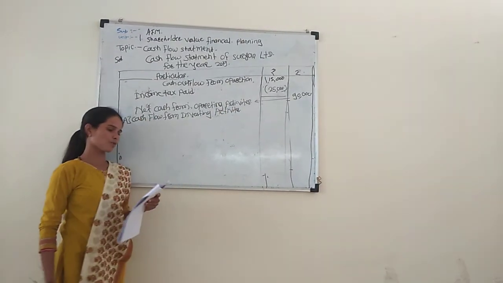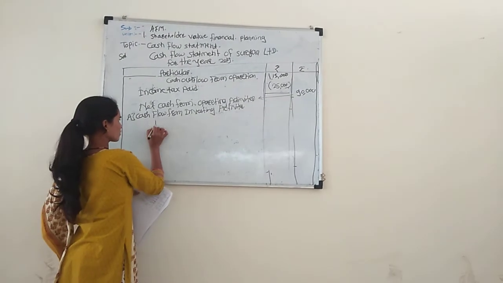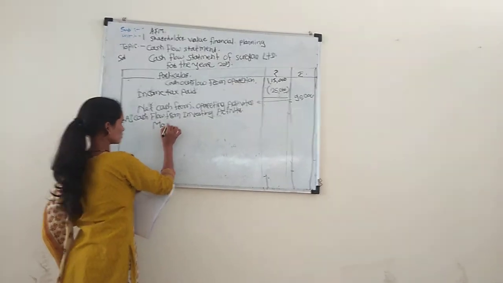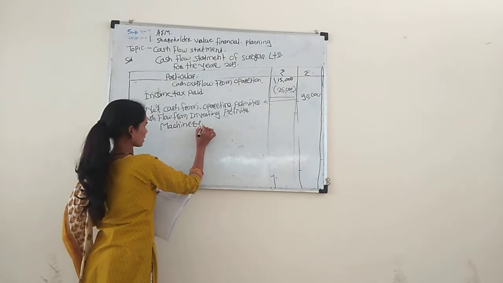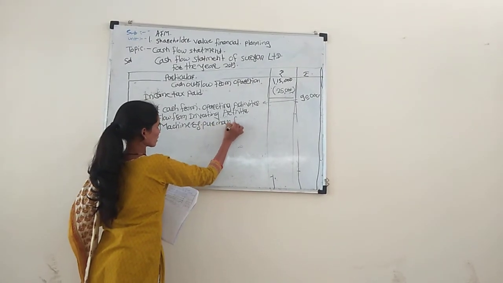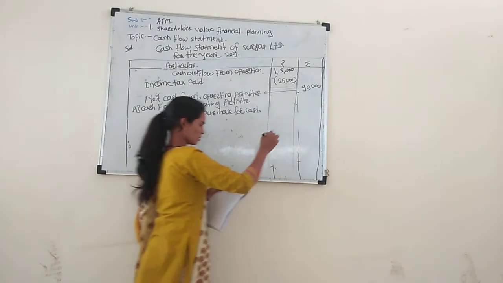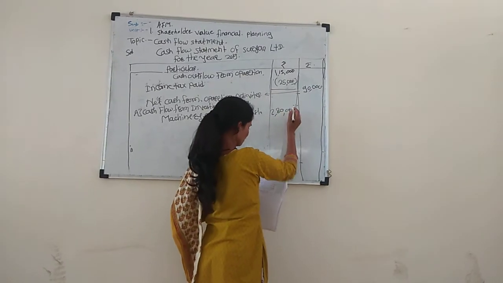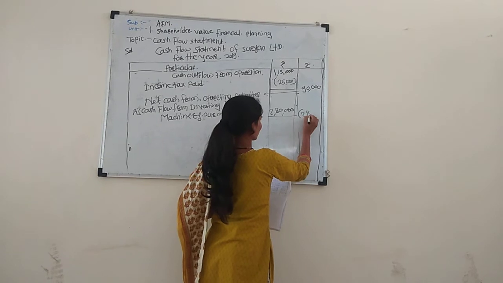Show the cash flow from investing activity: machinery purchased for cash, 2,80,000.